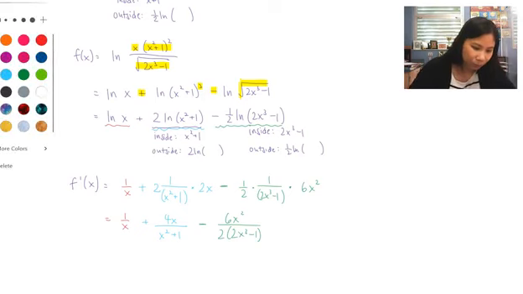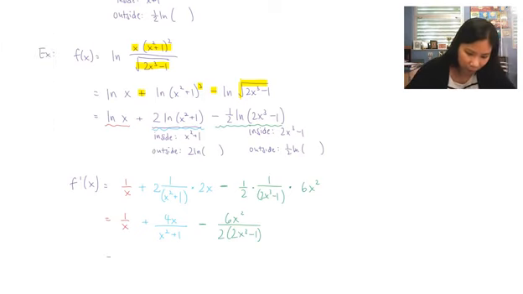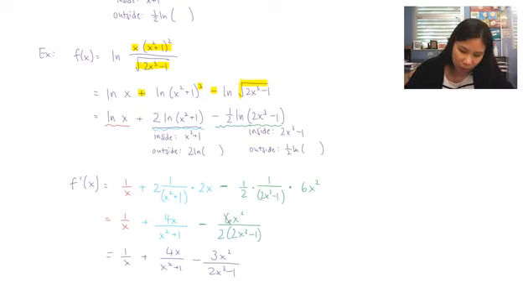So my final answer, I think I'm going to end up with 1 over x plus 4x over x squared plus 1 minus 3x squared over 2x cubed minus 1, because the 6 and the 2 can be reduced. All right, and that's it. That's my final answer as the derivative.